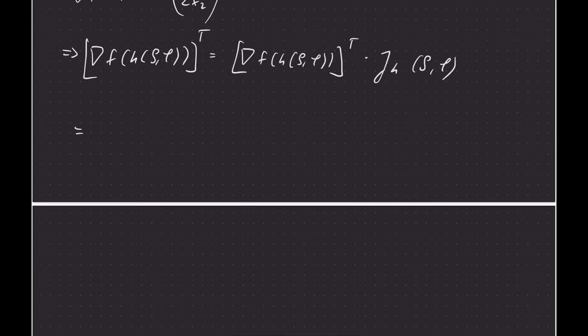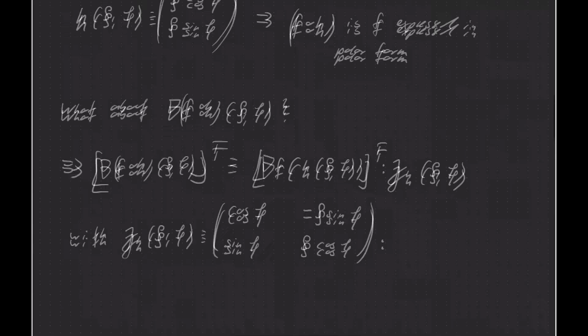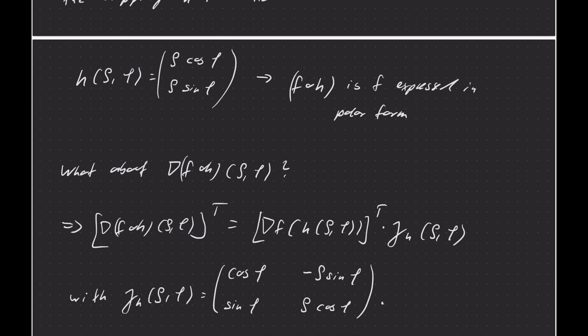So we know the gradient of f, we've just computed that. So here's the gradient of f. That means we just have to substitute h of rho and phi for x1 and x2. Remember, h looks like this: rho cosine of phi and rho sine of phi.